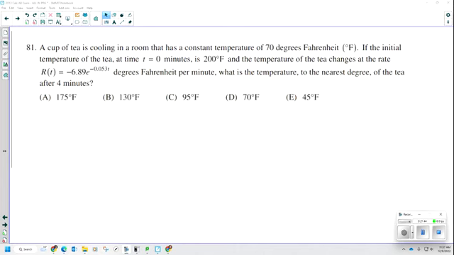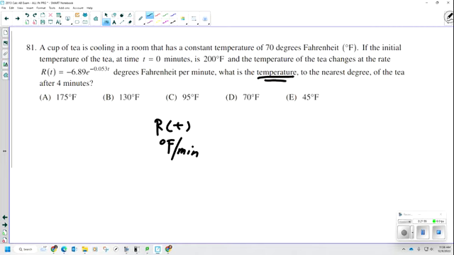So basically, R of t is in degrees Fahrenheit per minute. They're asking us what is just the temperature, not the rate. So they're asking about just degrees Fahrenheit, which means I've got to integrate. I'm going backward.